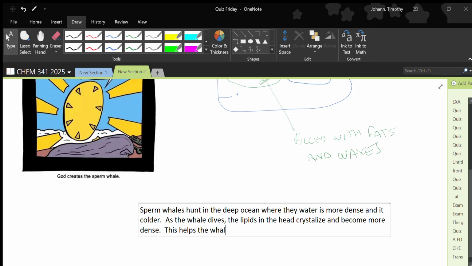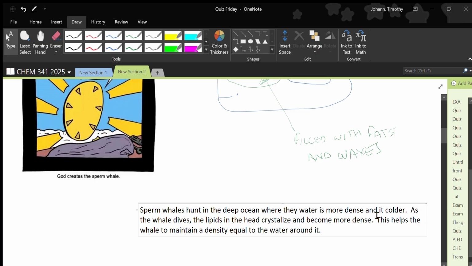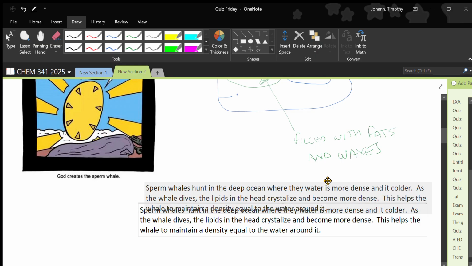So this is going to help the whale to maintain density equal to the water around it. That's a pretty cool use of fats and lipids. It's kind of a fringe use, but I still really like it.